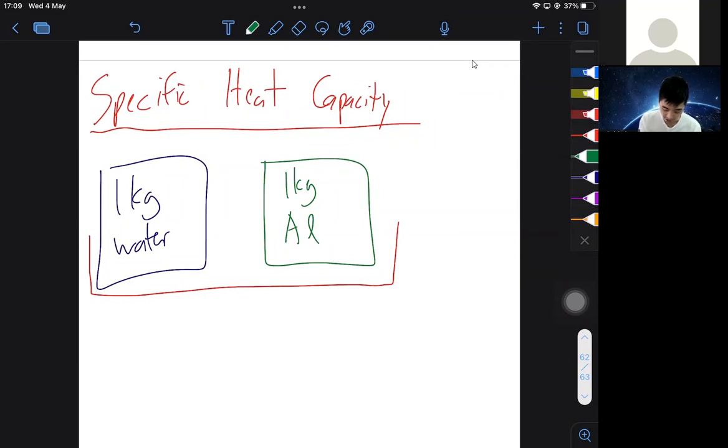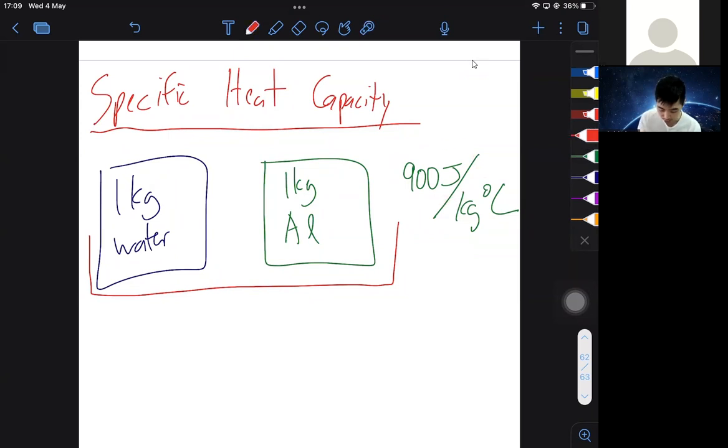Now, in terms of the textbooks, they tell us that aluminium has a specific heat capacity of 900 joules per kg degree Celsius. Now, based on the units itself, you should be able to tell the story of what is going on. If we analyze the units today, 900 joules is basically energy, right?